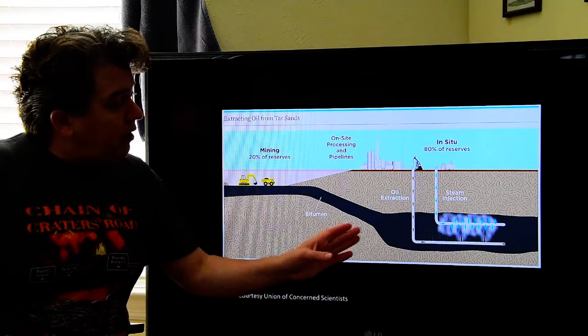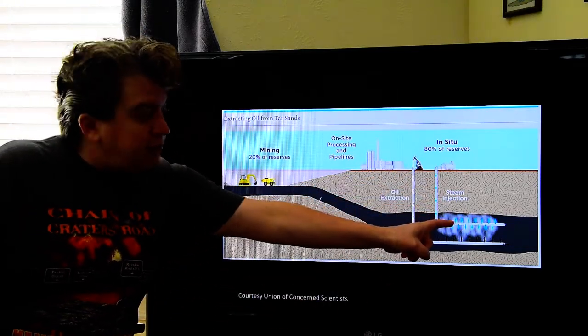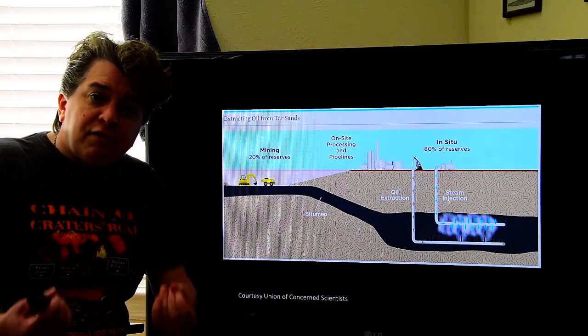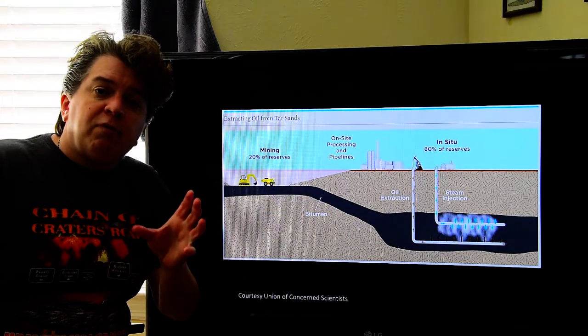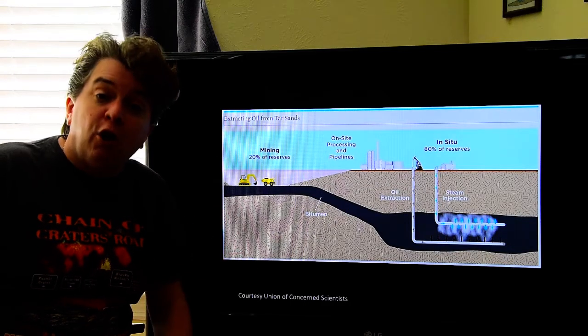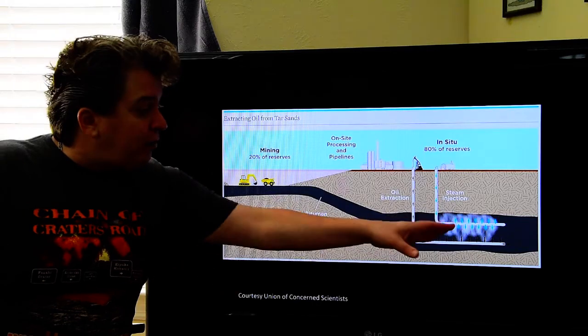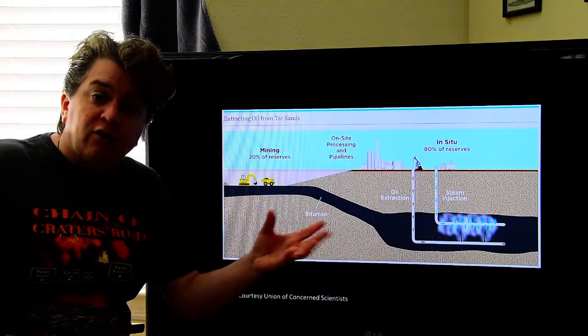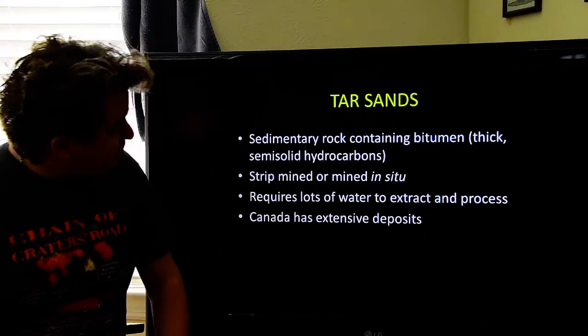The way they do this is with steam injection, which heats things up. When we heat things up, that changes the viscosity of these semi-solid hydrocarbons and makes them flow better. And when they flow better, then we can actually pump them out and extract them from the ground.